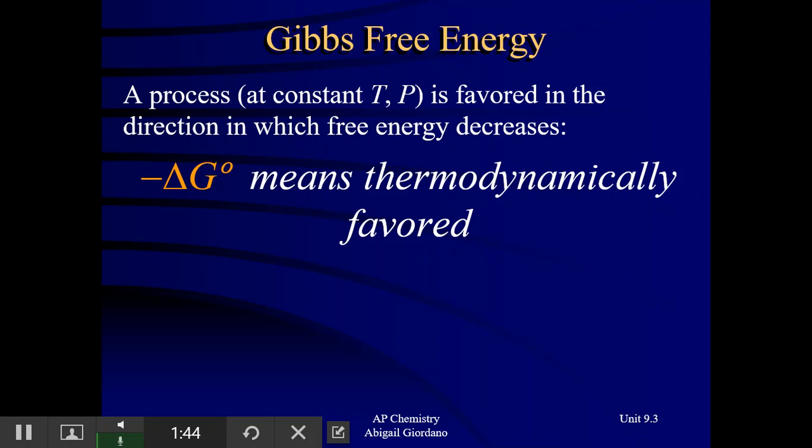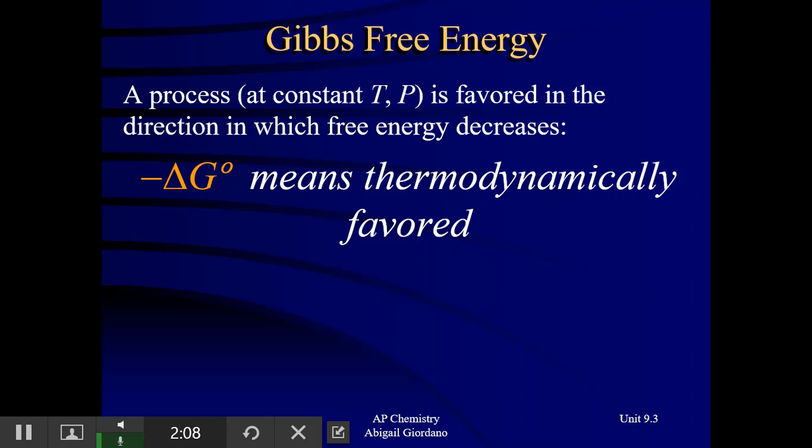Changes in enthalpy and changes in entropy can give us sort of guidance as to whether a process will be favored or not. We can say it'll probably be favored or it's likely that it is. But knowing a value for delta G gives us definitive answers. Yes, it is favored, or no, it isn't.